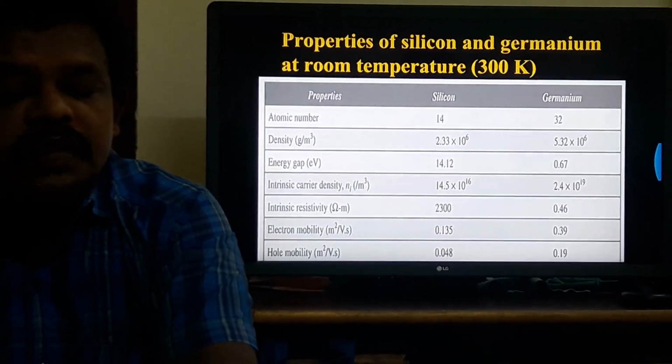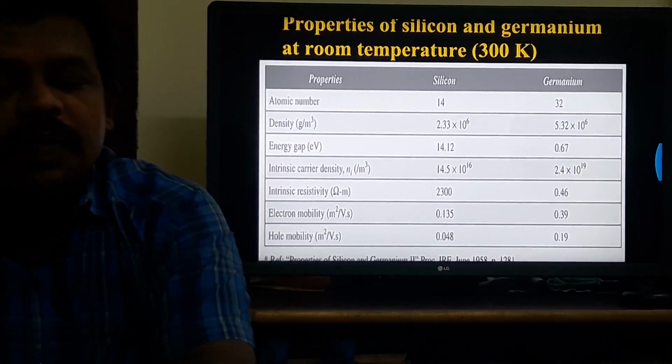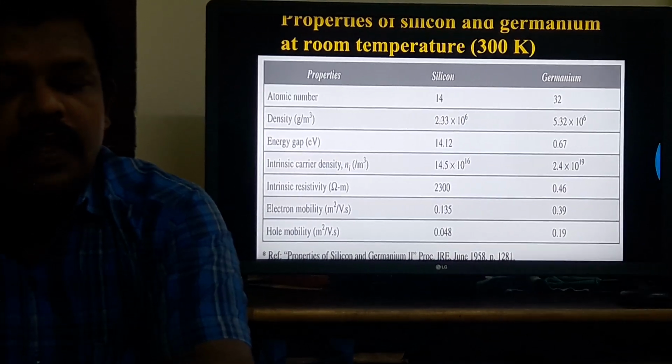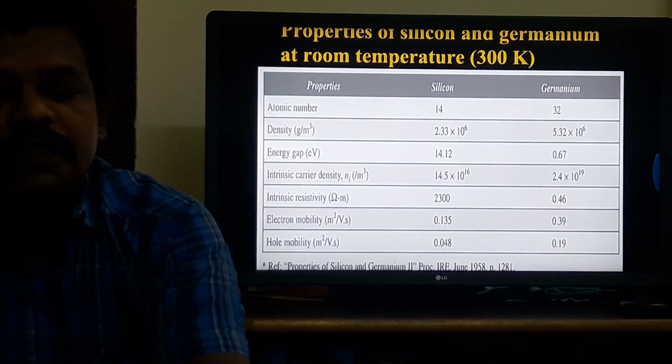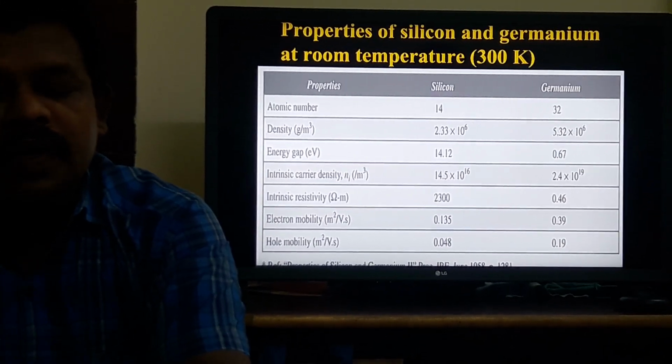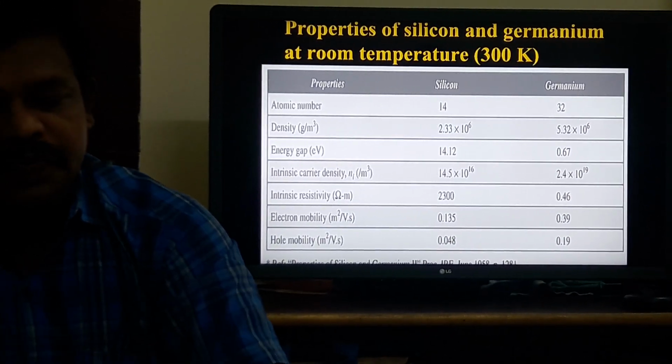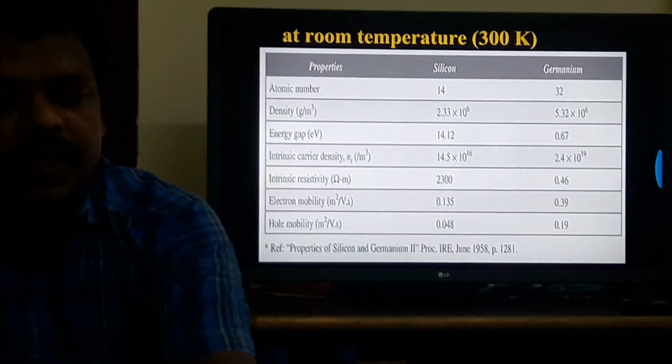Comparison of properties of silicon and germanium at room temperature. Normally, the atomic number of silicon is 14 and the atomic number of germanium is 32. Doped semiconductors.